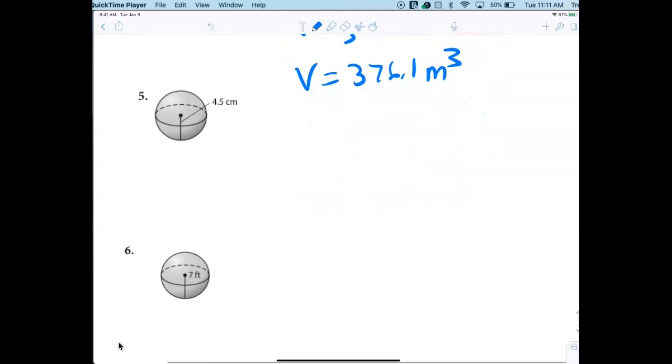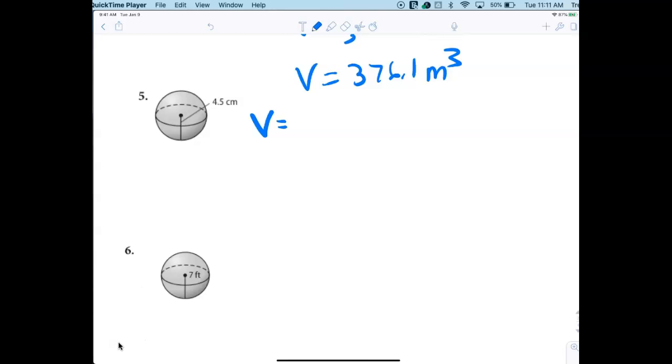All right, number 5 is a new shape for us. Again, there's nothing I can do for you on here. It's just a formula. You do have to memorize this formula. I need everybody to look up. Does anybody know what that's called? Sphere. That's correct.